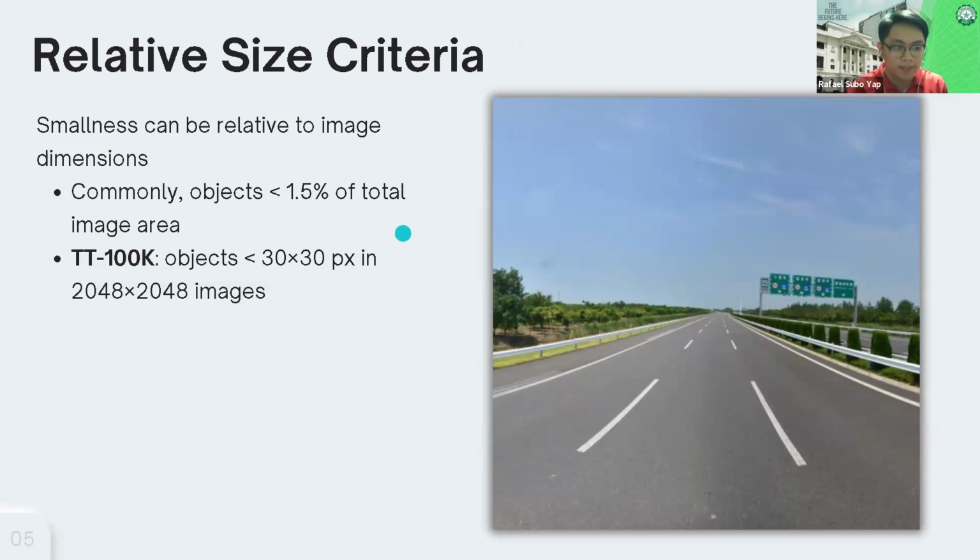For example, in TT100K, the image here is from that. It's a dataset filled with streets and stop signs. Since their images are higher quality, like higher resolution, they define small objects as objects with less than 30 by 30 pixels in their images. Commonly also, objects are less than 1.5% of the total image area.